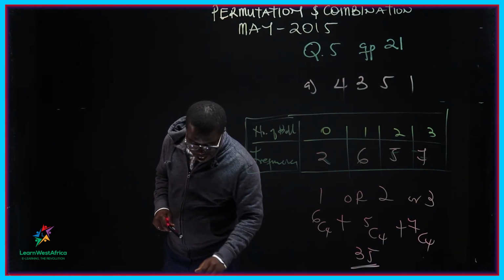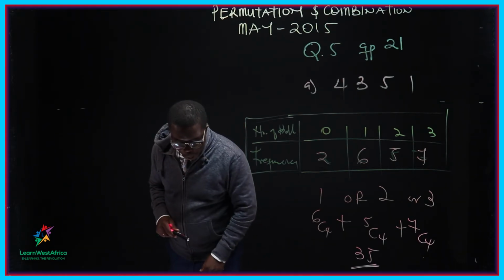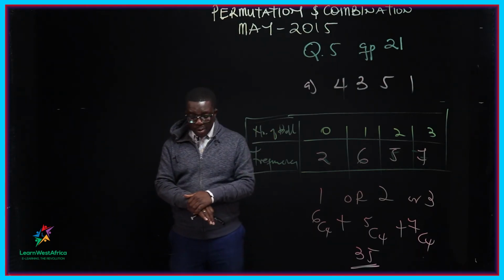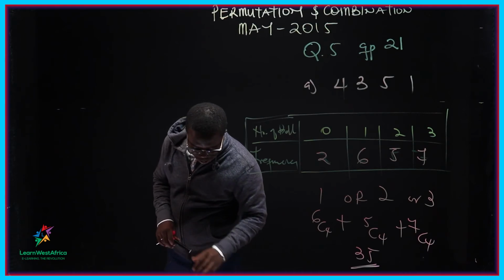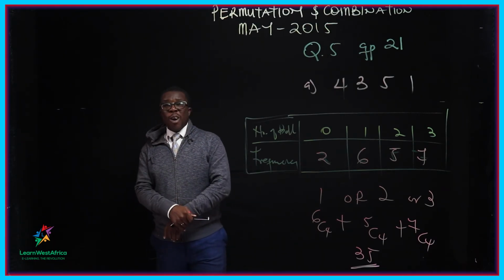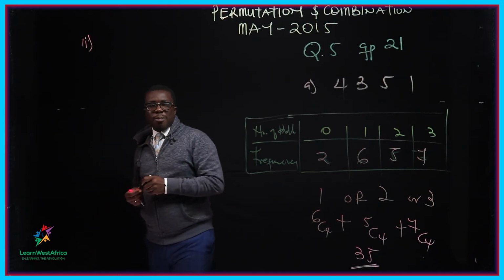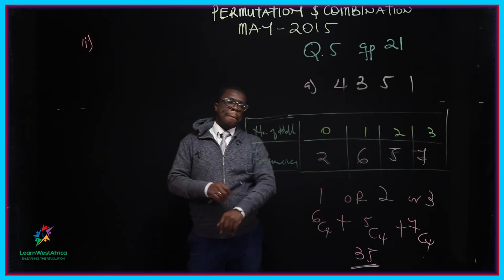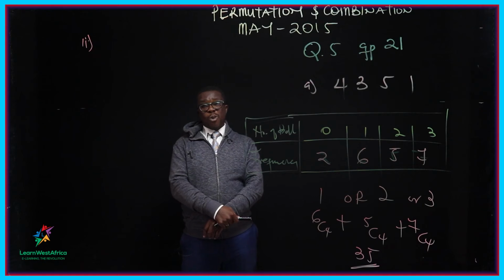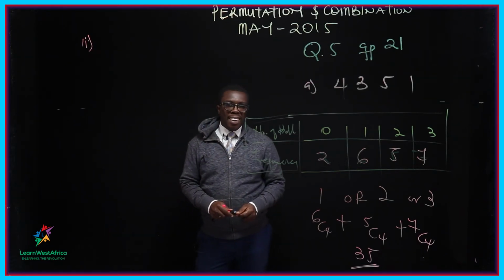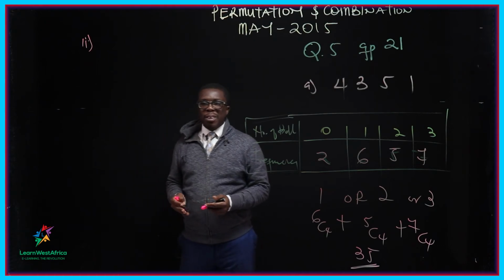All right, part II tells us that the 4 balls all have different numbers. So how do you go about that? Let's look at how we can do this particular arrangement.